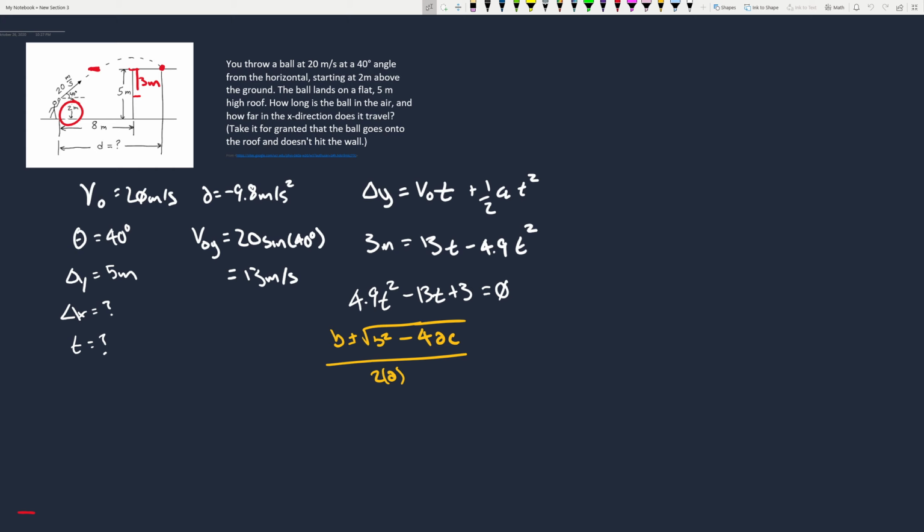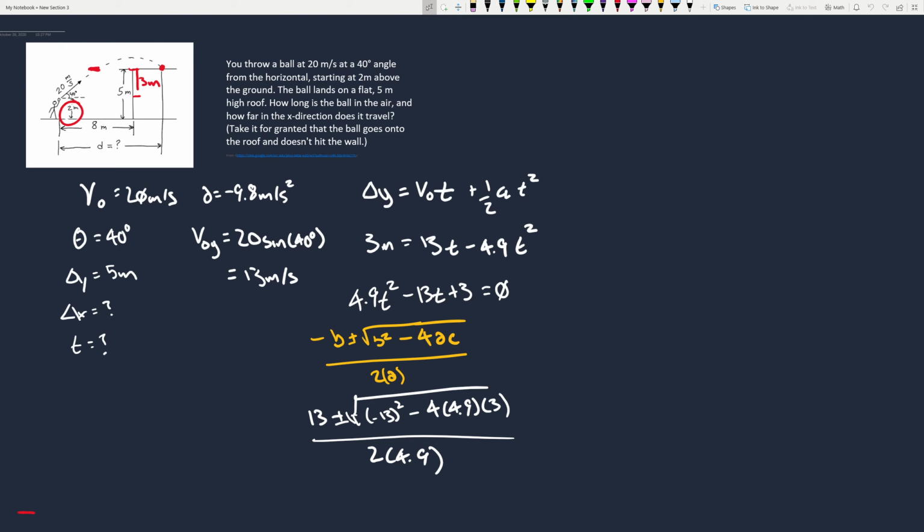So when we fill that out, we get 13 plus or minus, sorry, this is supposed to be a negative right here. So we get 13 plus or minus square root of negative 13 squared minus 4 times 4.9 times 3 over 2 times 4.9.